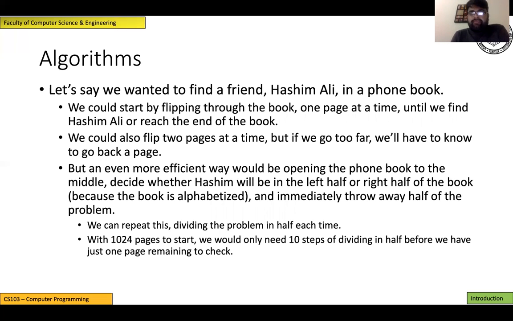But here is the problem. If you go through the whole book one page at a time, this is going to be a really slow process.